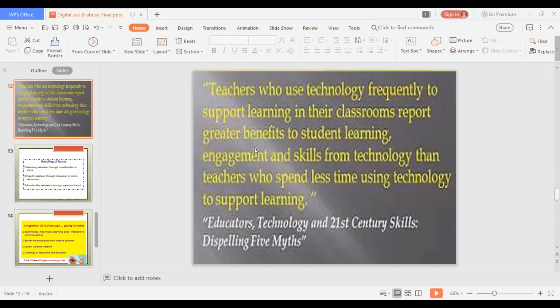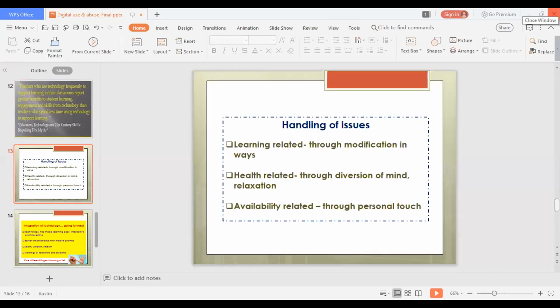So, teachers who use technology frequently to support learning in their classrooms report greater benefits to student learning, engagement and skills from technology than teachers who spend less time using technology to support learning. We also realize how to handle these issues. See, there were issues that were related to learning, and we modified our ways.